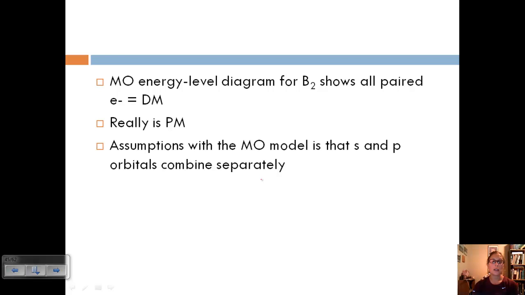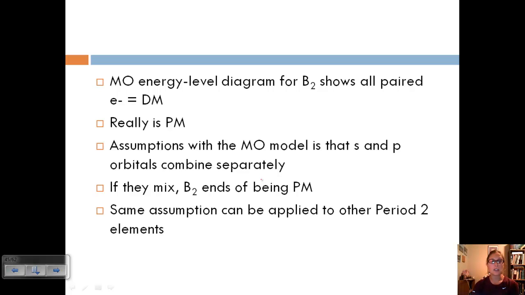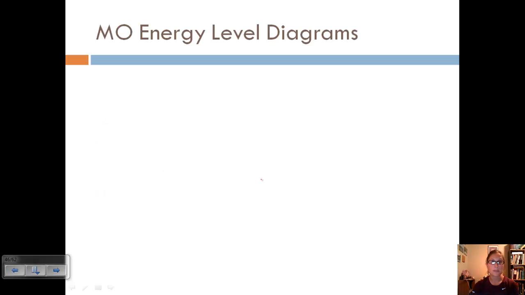The reason for this is that the assumption with the molecular orbital model is that s and p orbitals combine separately, like we just talked about. But in reality, if they mix, boron, the molecule B2, ends up being paramagnetic. And so we can apply that same assumption to other period 2 elements.